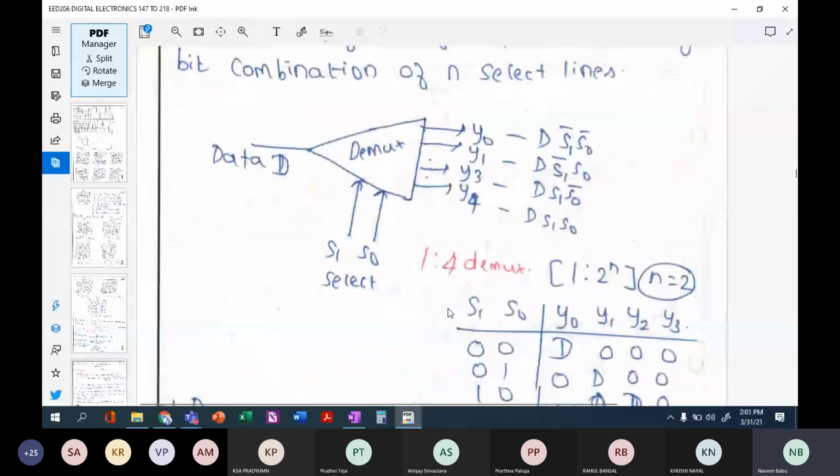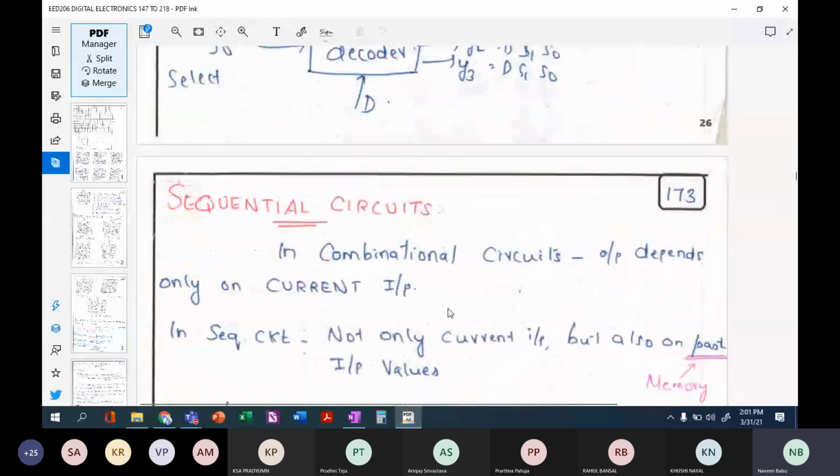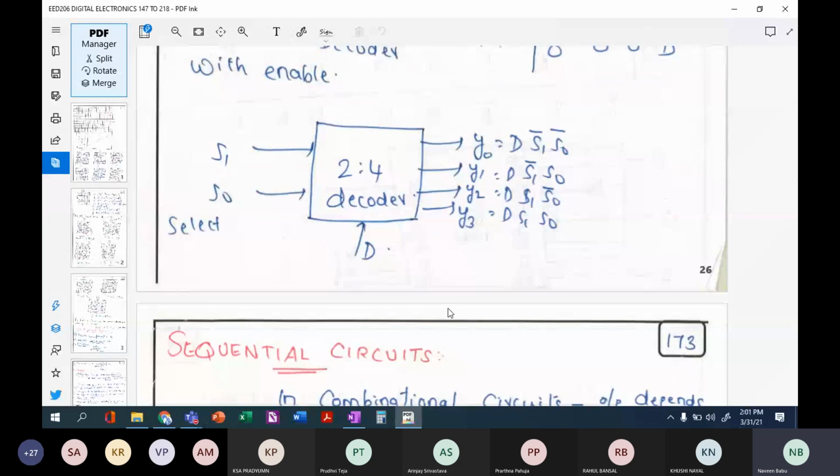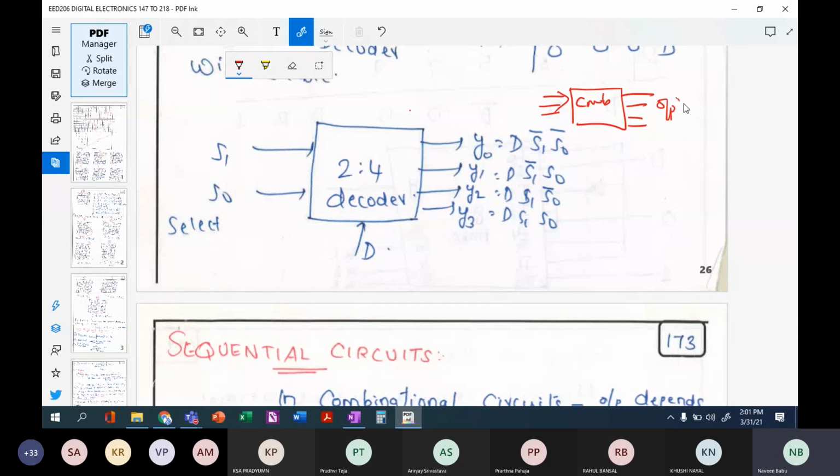What is the difference between a sequential circuit and a combinational circuit? There is only one simple but important fact. In combinational circuits, you don't have a memory element, meaning that if you are giving some input to a combinational circuit block, it will immediately give you the outputs, which means that this input is not stored, right?